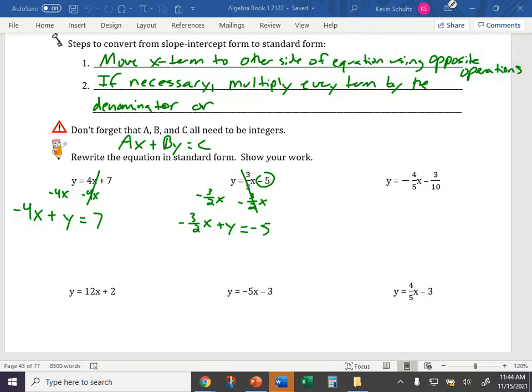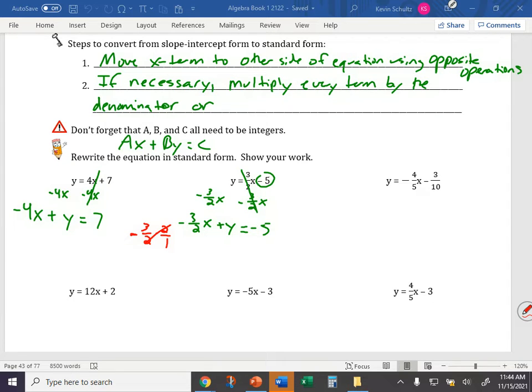Okay, because what happens when we do this, I'll do the math over here. We've got negative 3/2 times 2 over 1. What's going to happen to those 2s? Think about how you were taught to simplify fractions when you're multiplying. Okay? These 2s are going to cancel out, right?